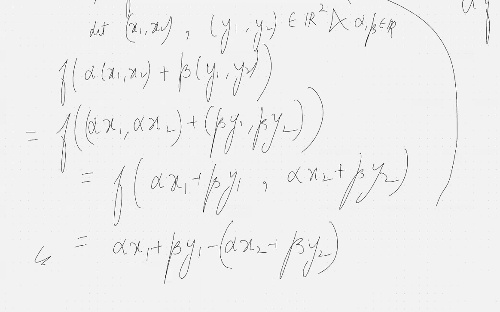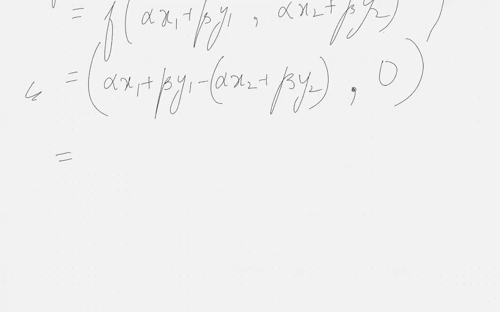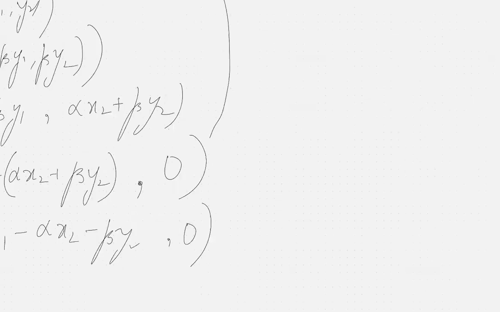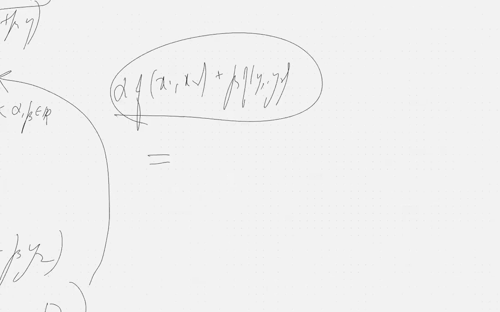Let's simplify it: alpha x1 plus beta y1 minus alpha x2 minus beta y2 comma 0. Now if you're stuck on what to do over here, let us think backwards. We have to prove it equal to this thing. It should be equal to alpha times f of x1 comma x2, which would be x1 minus x2 comma 0, plus beta times y1 minus y2 comma 0.